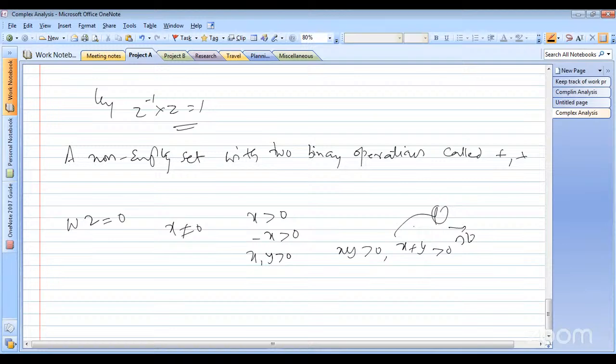So no such ordering can be defined in the complex numbers. Since i is not equal to 0, it follows that i greater than 0 or minus i greater than 0. So minus 1 is equal to i into i greater than 0. So 1 and minus 1 into minus i greater than 0.